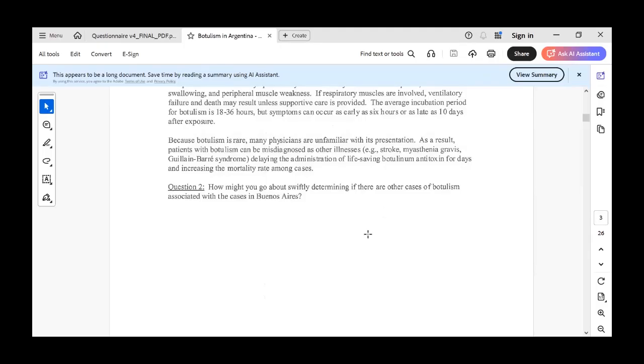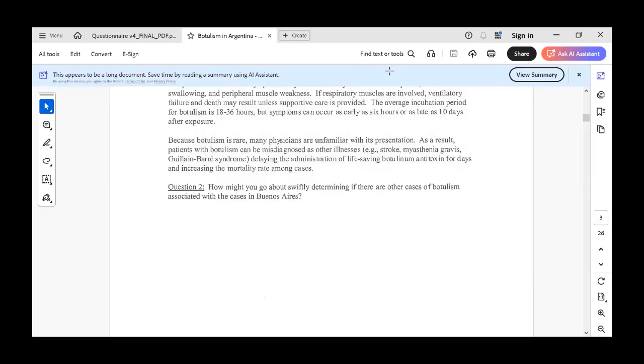So, we said we're looking for cases. So we said contacting hospitals and emergency rooms. Where else can you find cases? The health centers. Anywhere else? Private physicians.